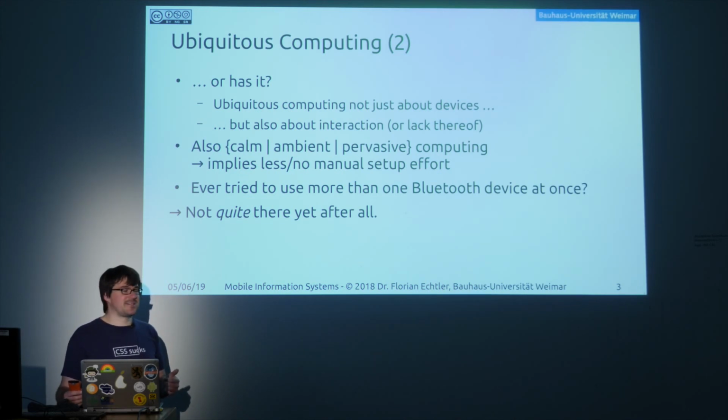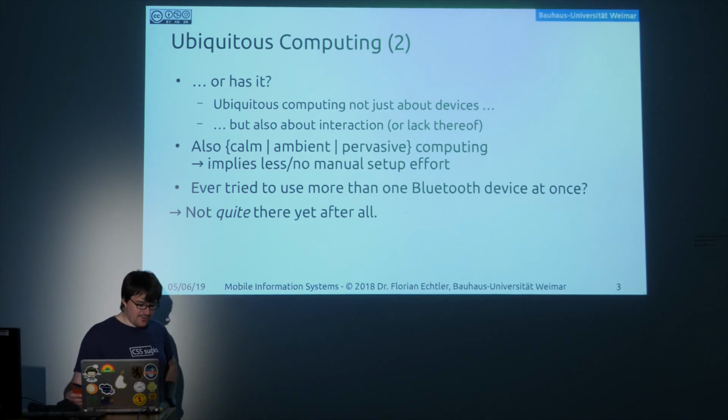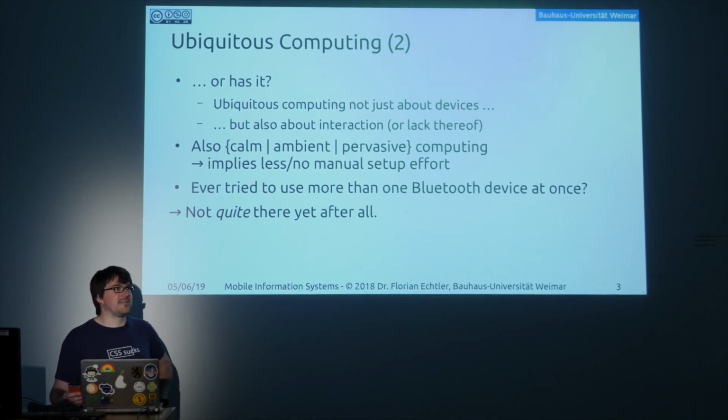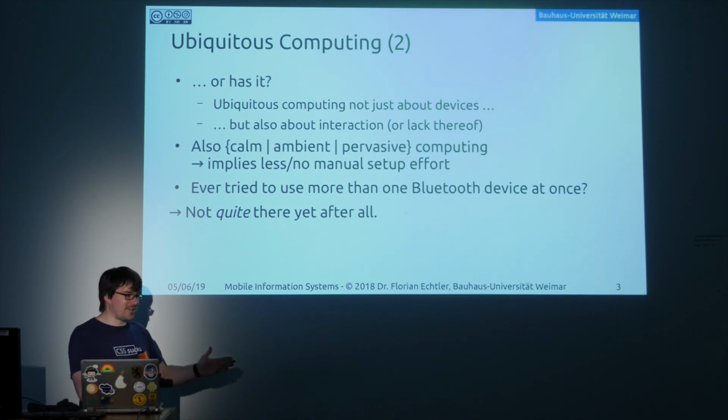Of course, we're not quite there yet, because we still have a pretty obvious break between things we do digitally and things we do in an analog way. There are all sorts of products that try to bridge that gap, but in most cases we still have a very clear divide between digital and analog activities.